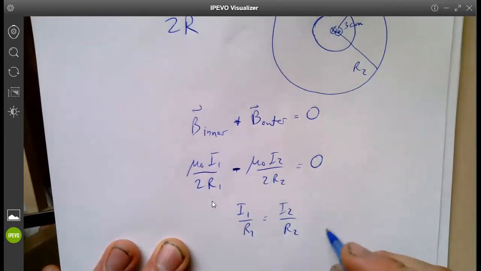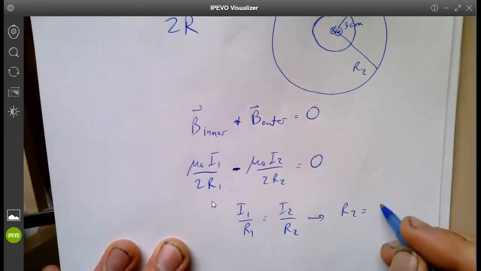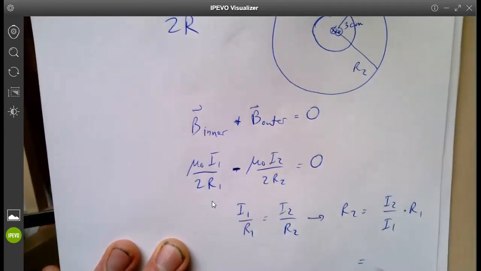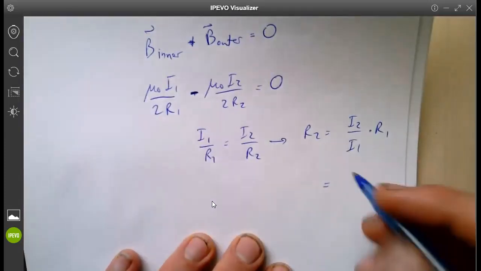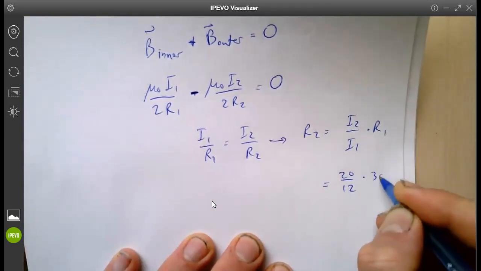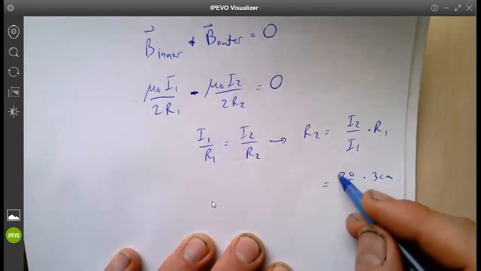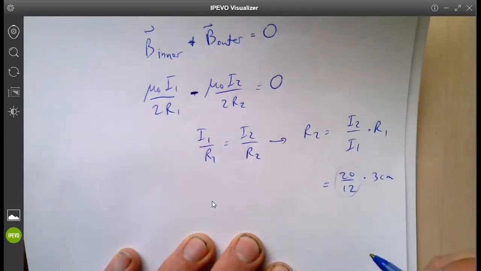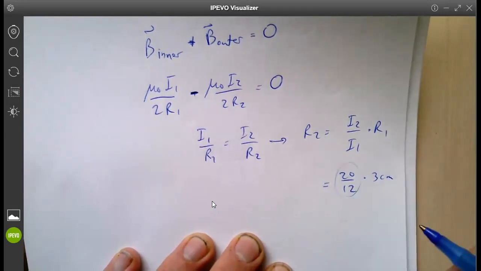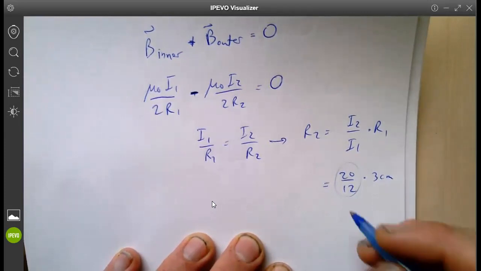We can solve this equation for R2, and we get that it's equal to I2 over I1 times R1. Finally putting all these puzzle pieces together, we have 20 over 12 times the 3 centimeters for the inner loop. It looks to me like the radius is going to be larger than this, and in order to cancel it, we're going to need more current, which is the case because it's 20 amps versus 12 amps.